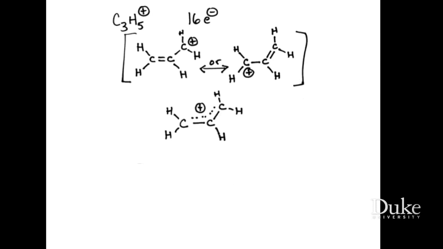And so you could draw a structure in which that pair of electrons in the double bonds is delocalized across the 3-carbon framework here. It's necessarily true that that electron density must be essentially coplanar above and below the 3-carbon skeleton.